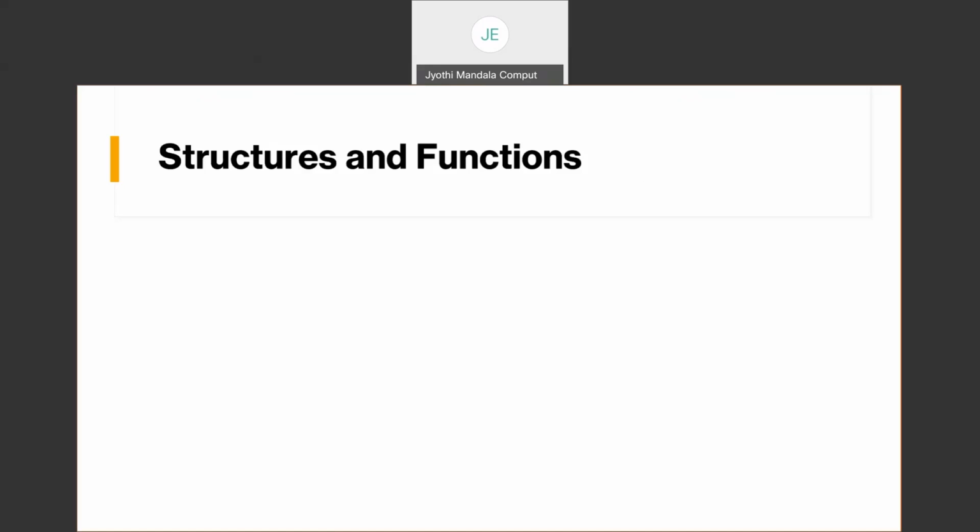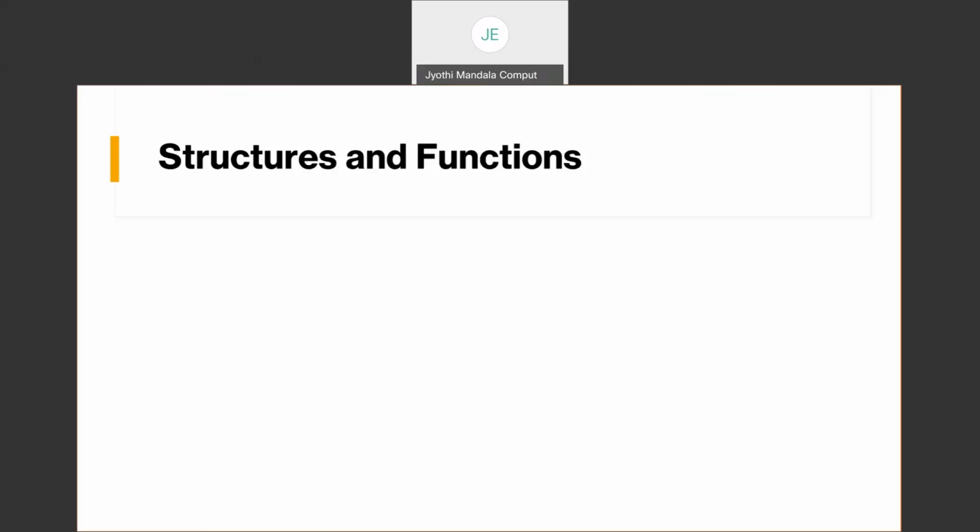Whereas coming to a function, we already learned function is nothing but a set of self-contained block of statements, and those block of statements will be given a name, and whenever you want to execute that set of statements, you can simply call that block by using that name, and that block is referred to as a function.